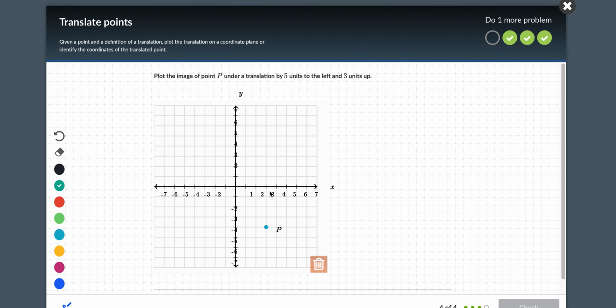Wait, I think I counted wrong here. So 1, 2, 3, 4, 5. Oh no, I did it right. I was getting a little confused there. And then you increase the Y by 3, which means moving it 3 units up. So 1, 2, 3. And that's our answer right there.